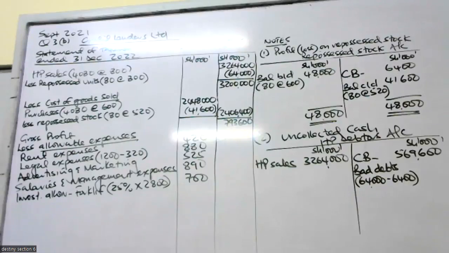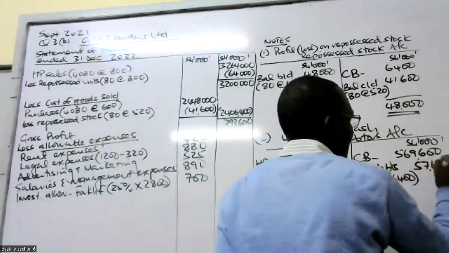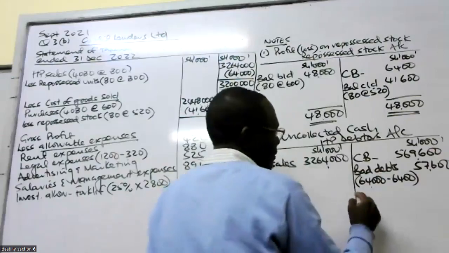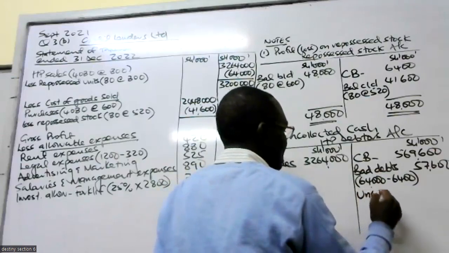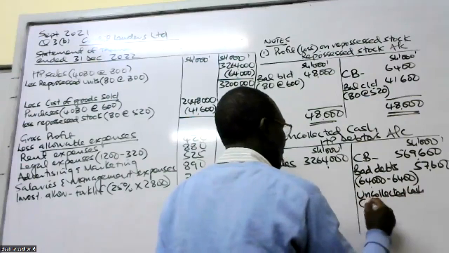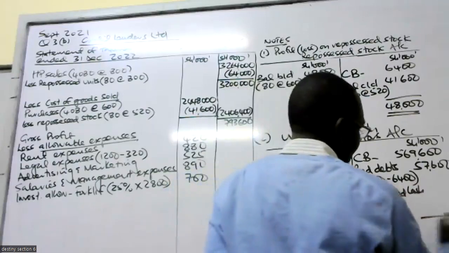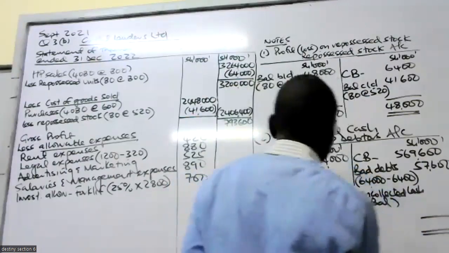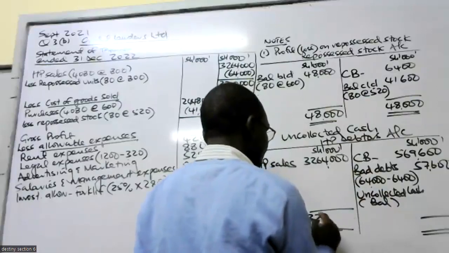So take 64,000. From there, we subtract 6,400, that is all that was received. So 57,600 is bad debt. The balancing figure is uncollected cash. The balancing item in the account will give us the uncollected cash, so you can get that by balancing up this account.